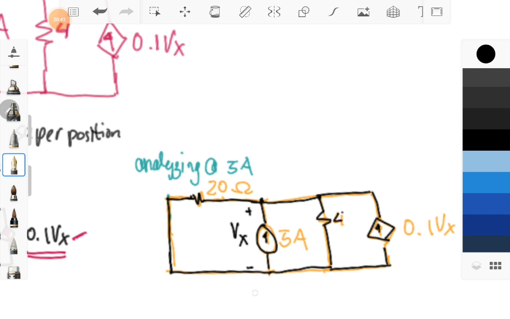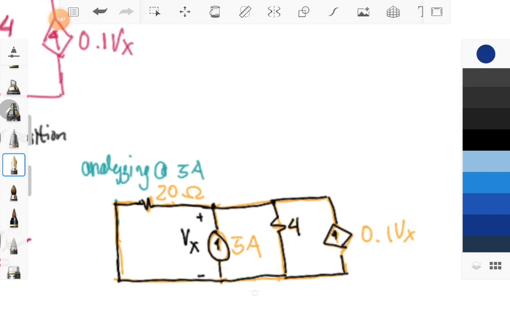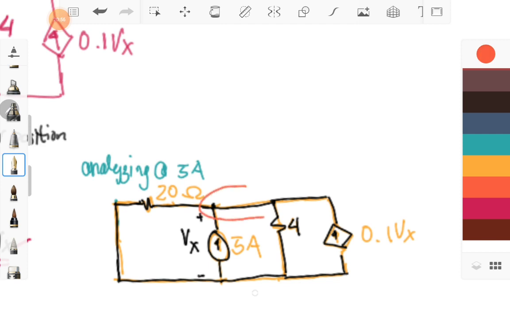Okay. Actually, this node is just one node. Itong node na to. Itong node na to. Buong node lang yan. Let's say this will be our node Vx5. It means it is a Vx at 5 ampere. Okay.